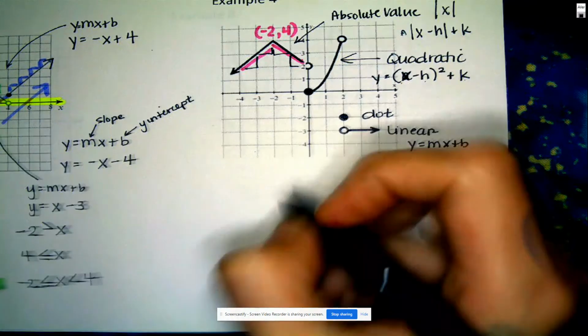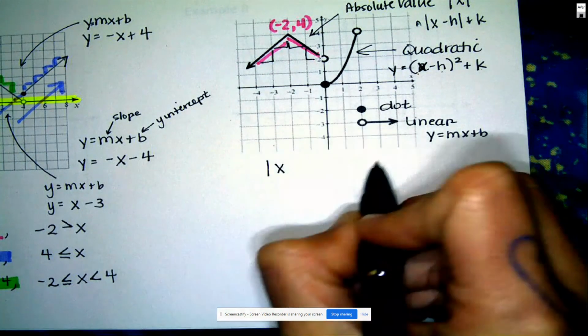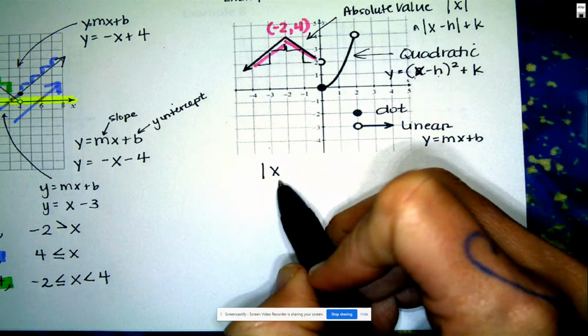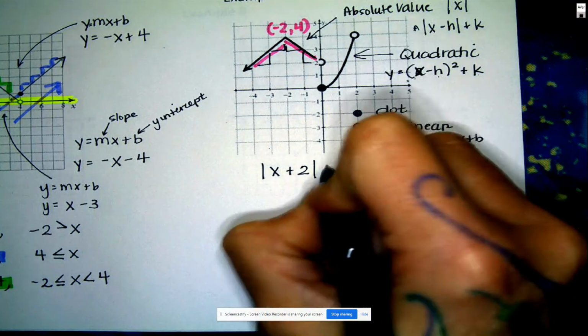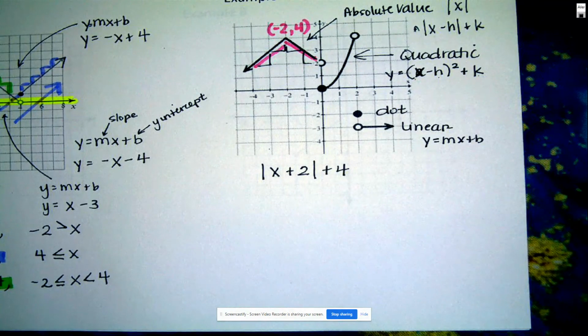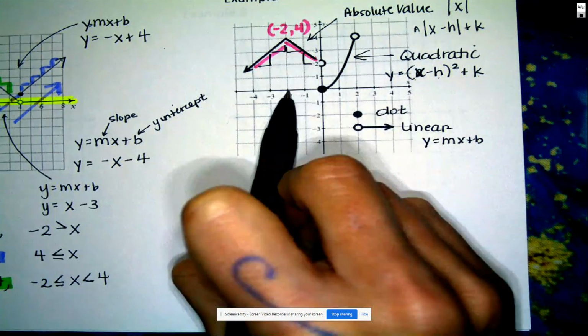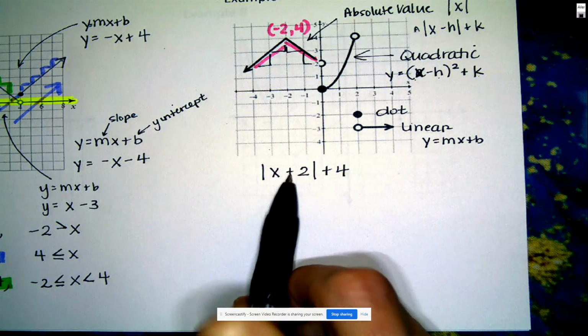So we know that that's going to be an absolute value. And then for it to go to the left, that means it went negative 2 spaces. But if I put a negative 2 with that minus, it's going to make it a plus. And then it went up 4. So that's our absolute value because it went up 4 and to the left 2. And if you remember, it's an x minus h. So minus minus is what makes that positive.